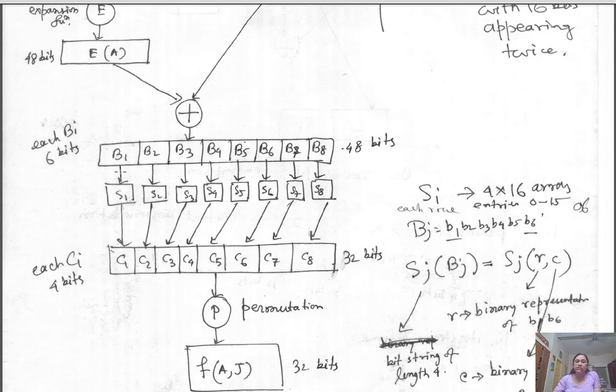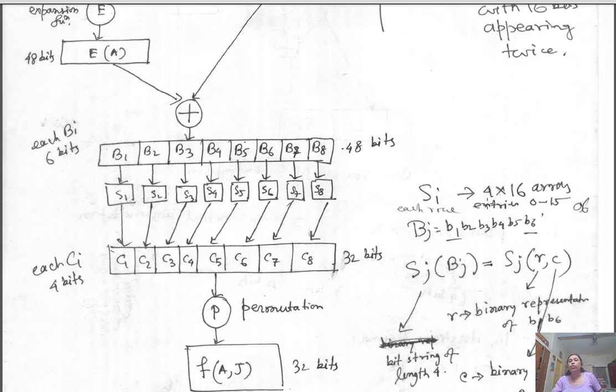Suppose the 6-bit string B_j is B1, B2, B3, B4, B5, B6. Each S box is essentially a 4 by 16 array, with 4 rows and 16 columns.